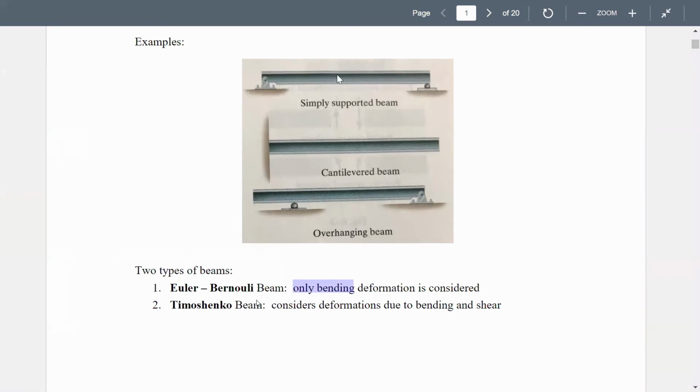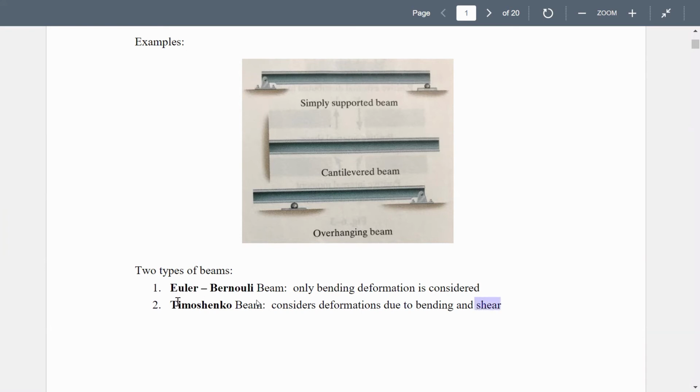But we know that at any cross section we have a moment and we have a transverse shear. So there is a deflection also due to shear. Euler-Bernoulli neglects the effect of deformation due to shear.